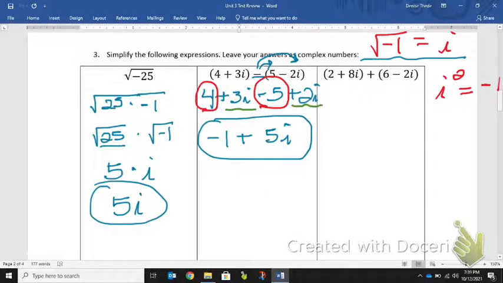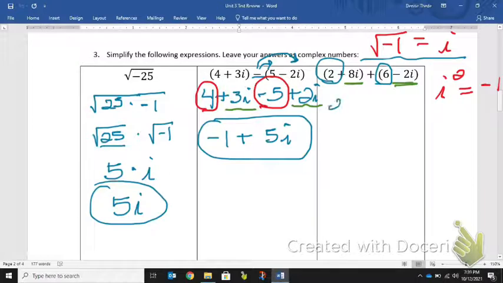All right, the last one, we're just adding everything. So I have a constant of 2 and a constant of 6. Whoops, let me erase this back one. Constant of 6, and I can combine the 8i and the minus 2i.